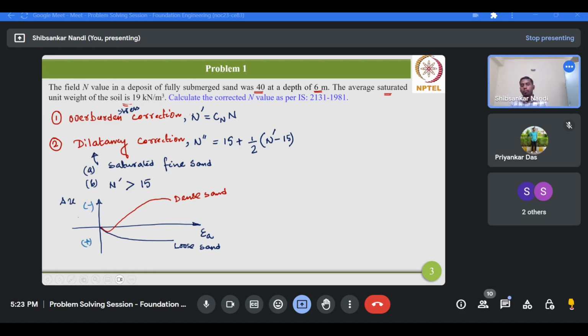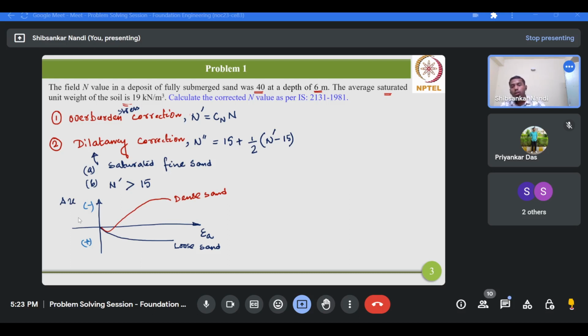That means you may get negative pore water pressure inside the soil sample in this kind of soil: saturated, fine, dense sand. We are assuming that N prime greater than 15 indicates the sand is dense in nature. Due to the application of load in a very fast or rapid manner, there will be a chance of generation of excess negative pore water pressure.